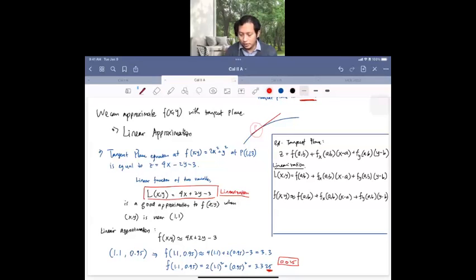This is what we call the linear approximation. Linear approximation of the tangent plane, not the tangent plane, sorry. The linear approximation of the function at (a, b).